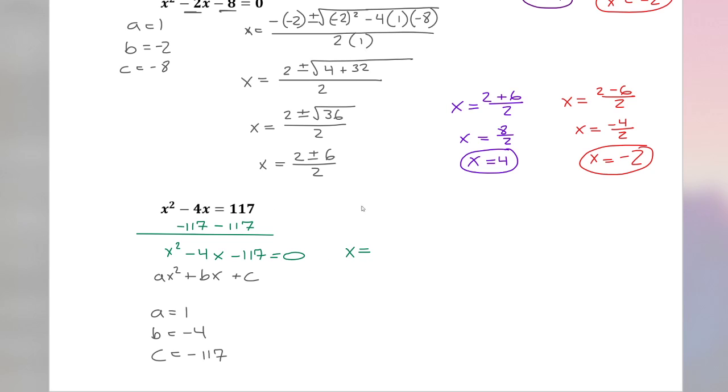So x equals, so we got negative b, so that's going to be negative 4 plus or minus the square root of b squared, so negative 4 squared minus 4 times a, which is 1, times c, which is negative 117, all over 2a, which is 2 times 1.